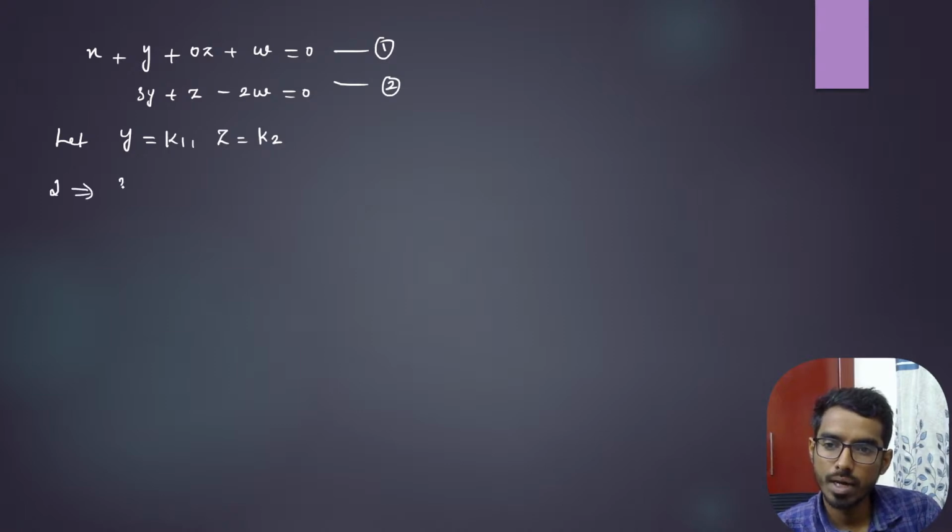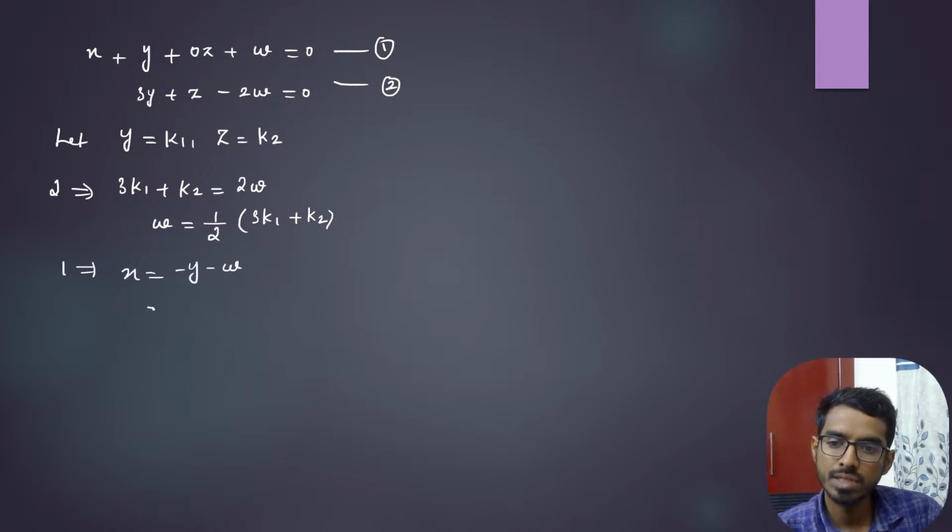So from the second equation we have 3 times k1 plus k2 is equal to 2w. So w is equal to 1 by 2 times (3k1 plus k2). And from the first we have x is equal to minus y minus w, so minus k1 minus 3k1 by 2 minus k2 by 2.